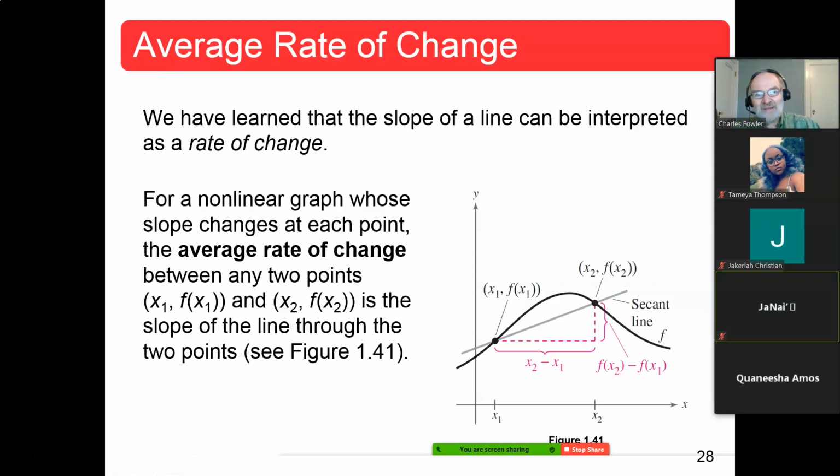Now, if this sounds like deja vu all over again, it is. What in the last section we were calling the difference quotient, which was rise over run, here we're calling average rate of change. So a difference quotient and average rate of change are basically the same concept, just for different applications.